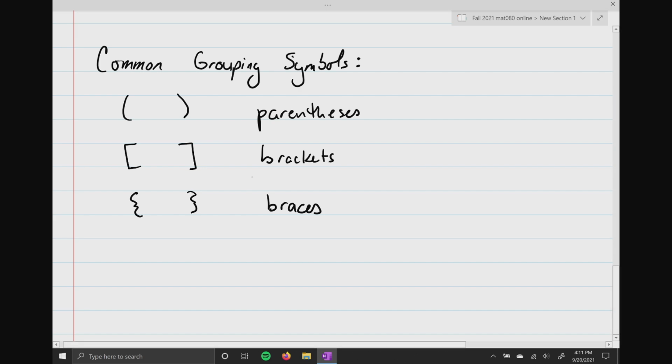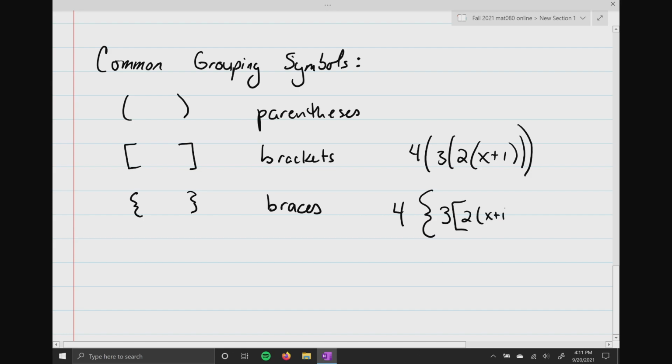For example, off to the right, if I wrote something like this, that looks very messy. However, if I change this up and just wrote it like this, now you can see that anytime we open a parenthesis, we close it.